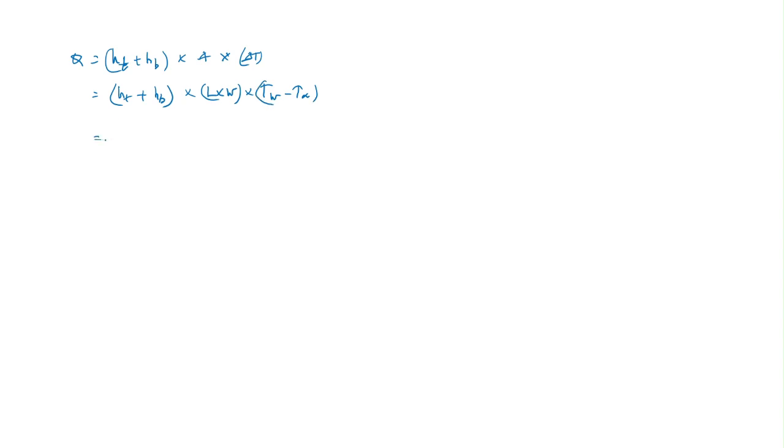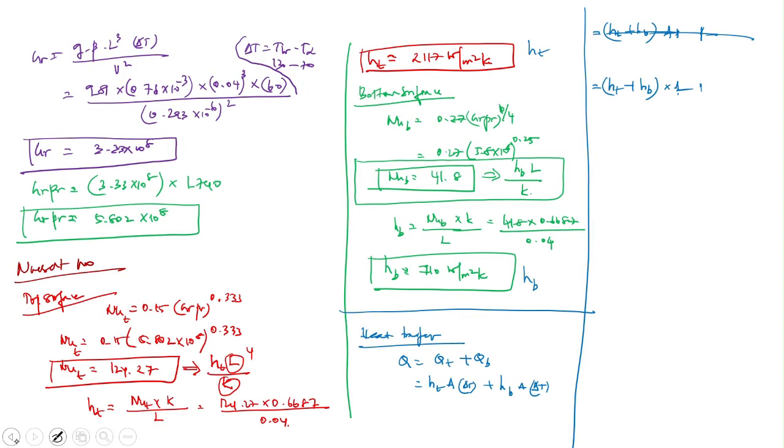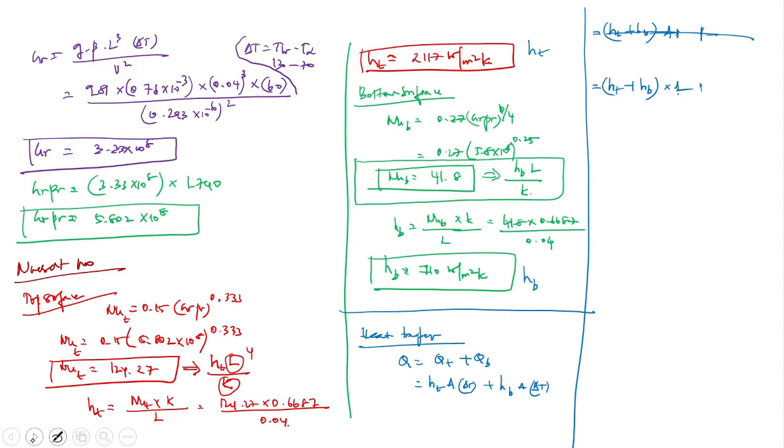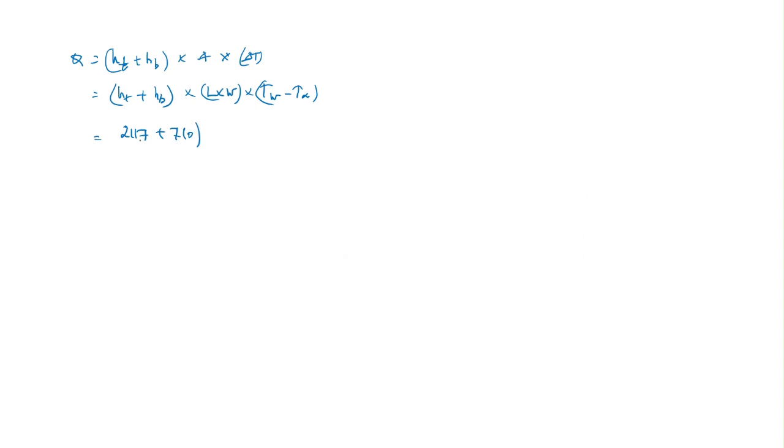So h top is 2117, h bottom is 710. So 2117 plus 710, into length 0.8 and width 0.08, into wall temperature 130 degrees Celsius minus ambient water temperature 70 degrees Celsius.